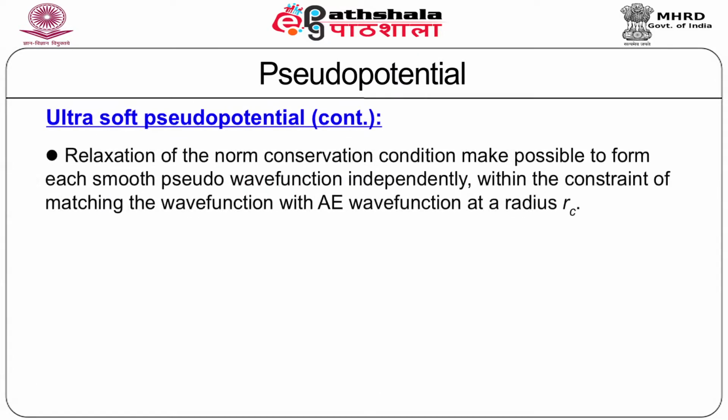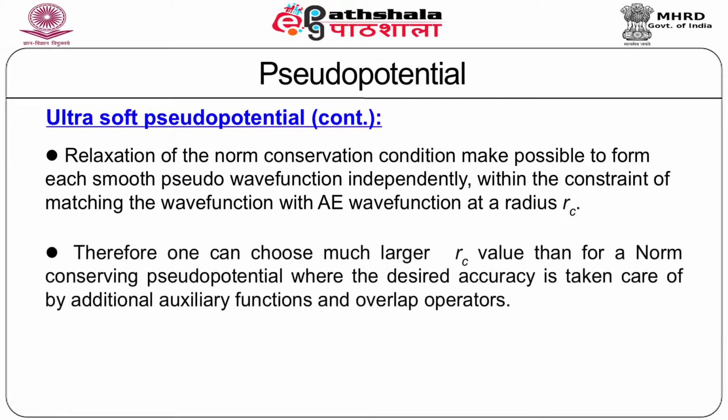Relaxation of the norm conservation condition makes it possible to form each smooth pseudo-wave function independently, with the constraint of matching the wave function with the all-electron wave function at this cutoff radius RC.